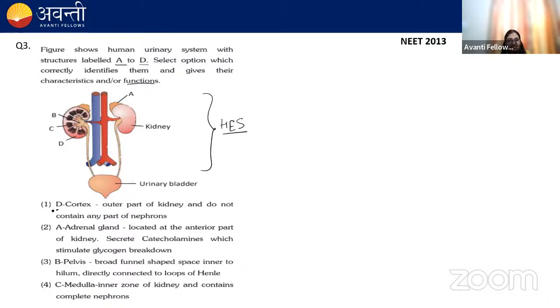See, beta, they are saying that D is cortex. Yes, it is cortex, the outer part of the kidney. Yes, it is the outer part. It does not contain any part of the nephron. That is wrong, because I told you the nephron consists of two parts. One is the glomerulus, and the second is the renal tubule.